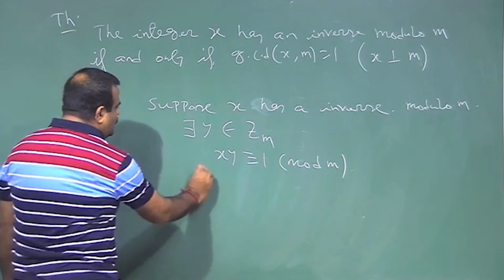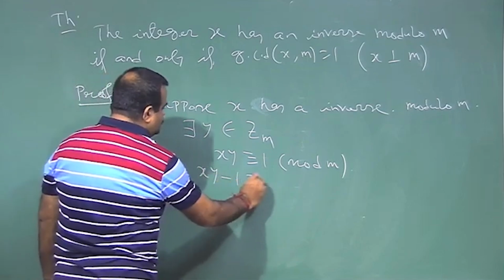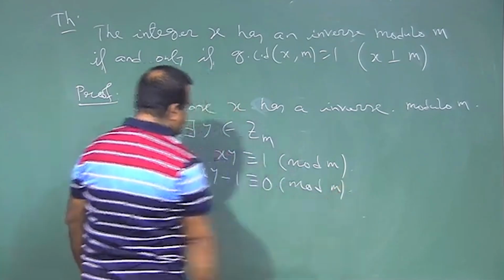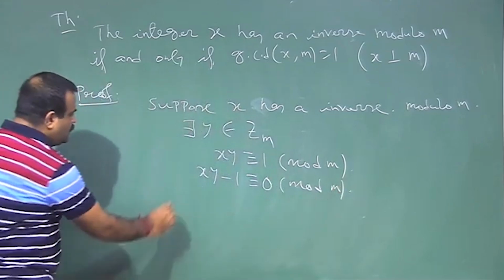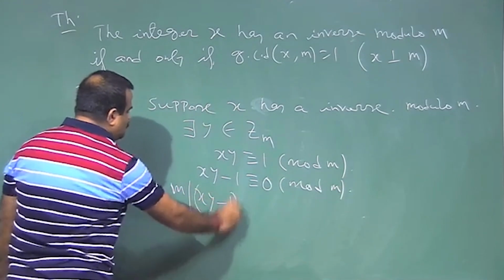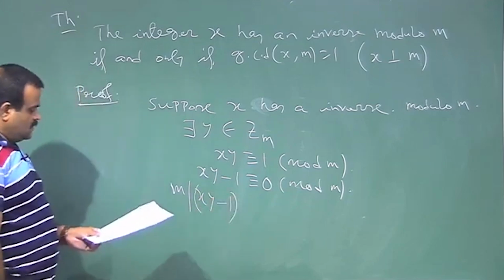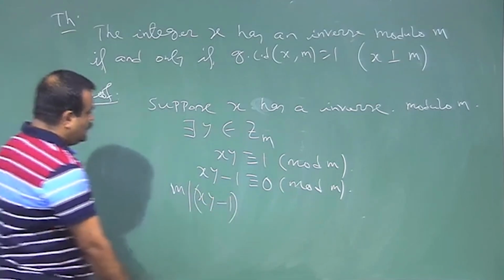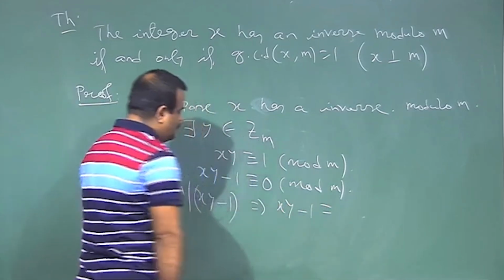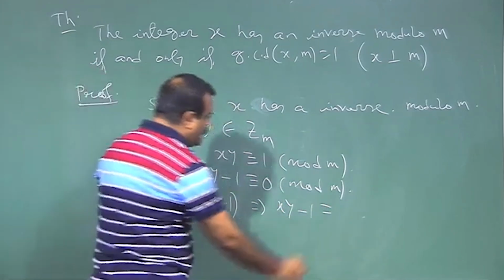So, from here we can write xy minus 1 is 0 mod m. So, m divides xy minus 1. That means xy minus 1 can be written as some m into z.